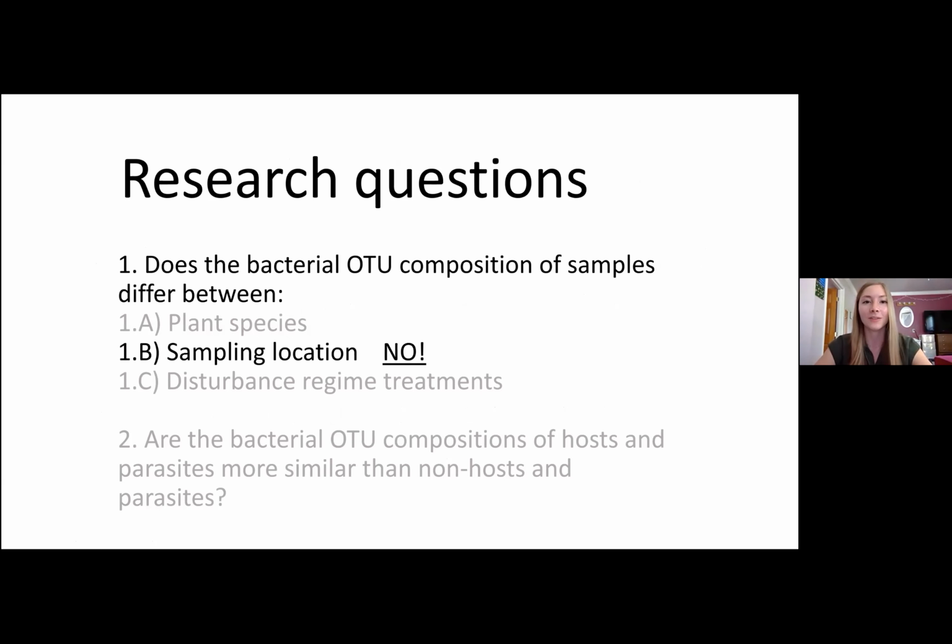However, I didn't find that there was a difference in bacterial OTU composition of plants collected from Glacial Heritage Preserve and Smith Prairie. So there was no effect of sampling location on bacterial OTU composition. Next, I did not find an effect of disturbance regime treatments on bacterial OTU composition, at least at Glacial Heritage Preserve.